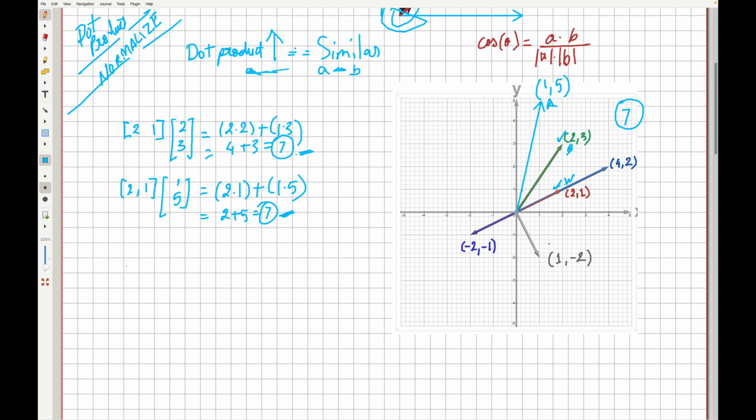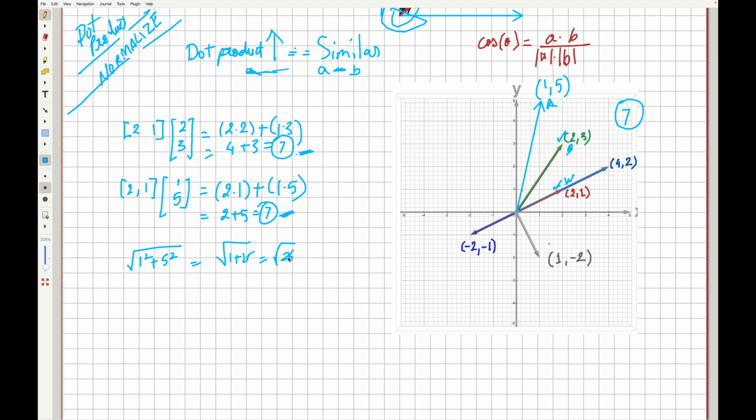So for example, here if we were to try and get the length of A, it would be the square root of 1 squared plus 5 squared, that is the square root of 1 plus 25, which is the square root of 26.